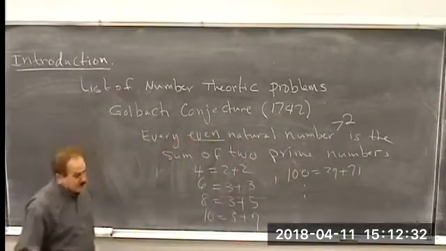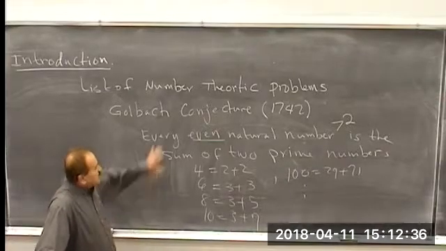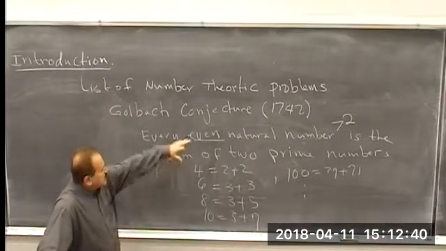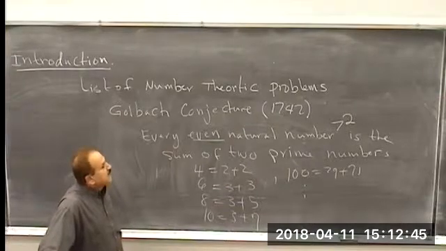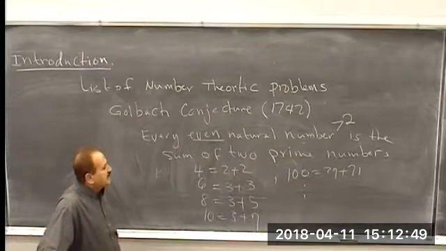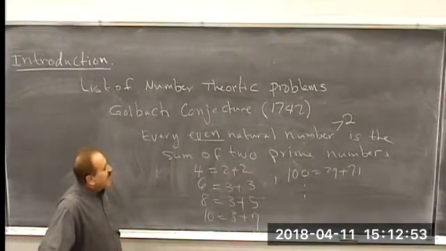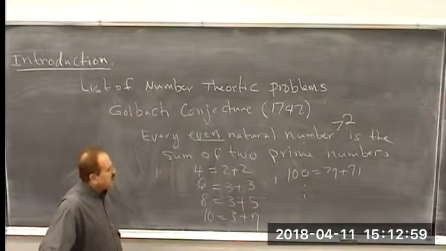Now, using computers, people have checked the validity of this conjecture for even natural numbers which have hundreds of digits. Very, very big natural numbers. Numbers without a name. And it turns out, yes, each one of those is the sum of two primes.